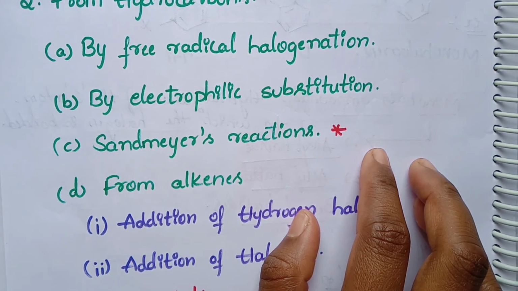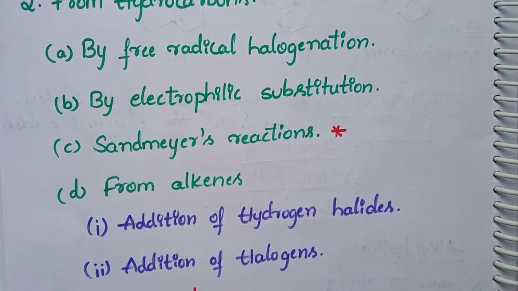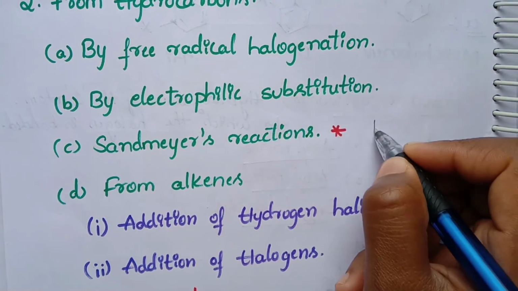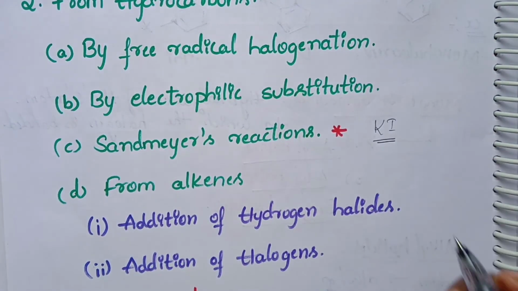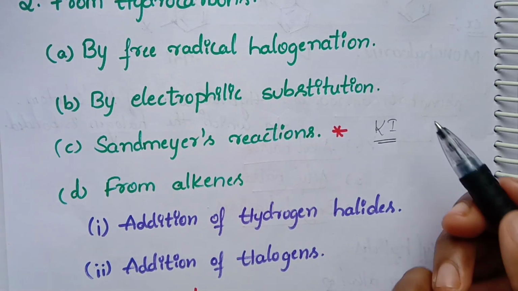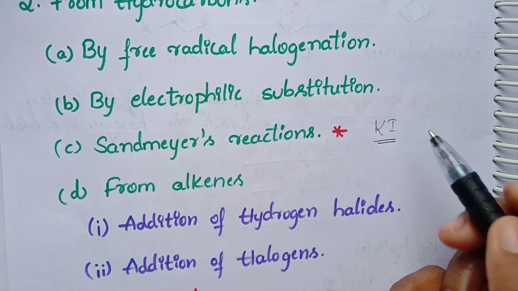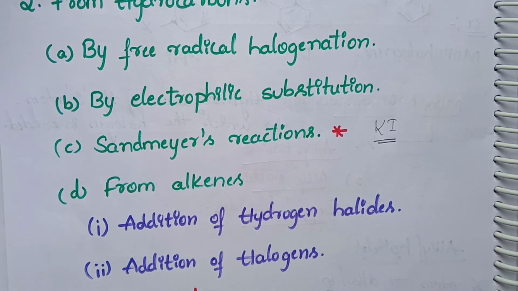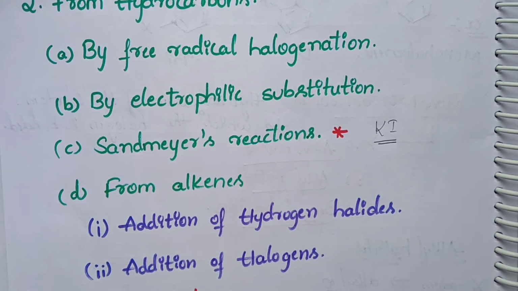In that method, iodide is one of the exceptional cases. Here the diazonium salt is directly treated with KI alone. We do not use the cuprous halides. Okay, that one is the only exceptional case.